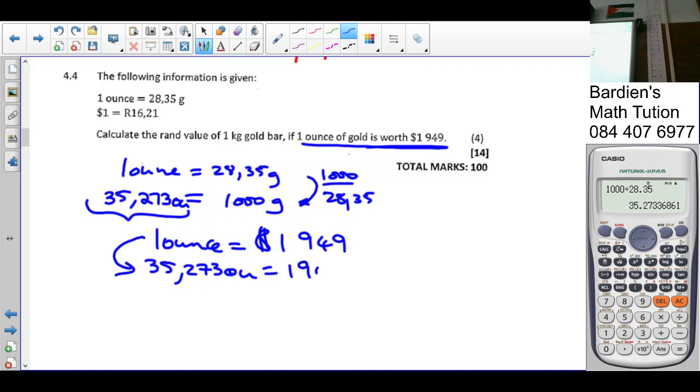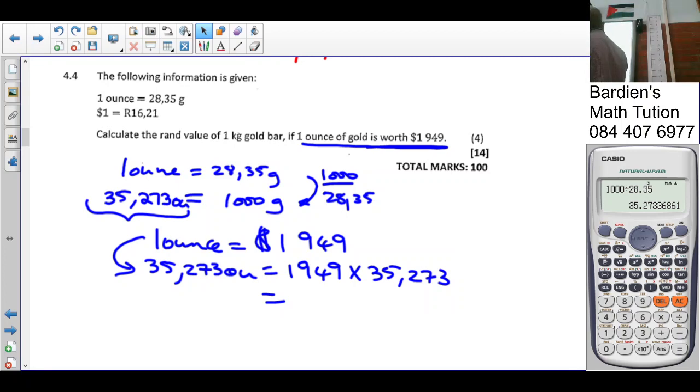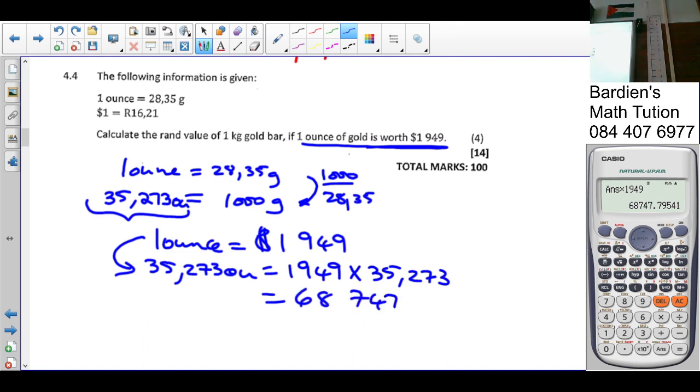So 1,949 multiplied by 35,273 ounces. So that would be an answer multiplied by 1949. It's going to give you 68,747 dollars and 80 cents. Not so.